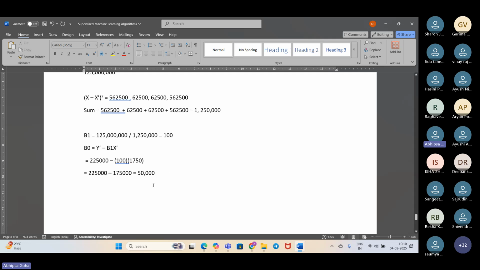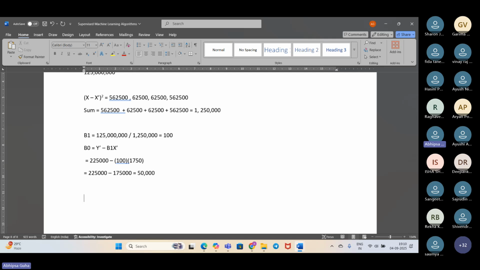So the difference is 50,000. We are taking 225 minus 175, right? So there are three zeros that we need to add. Okay, understood? So, ma'am, how are we calculating this B1 value and B0 value?